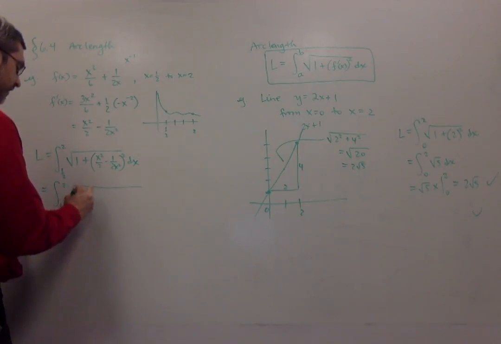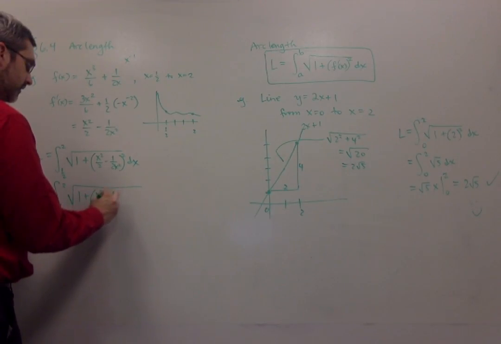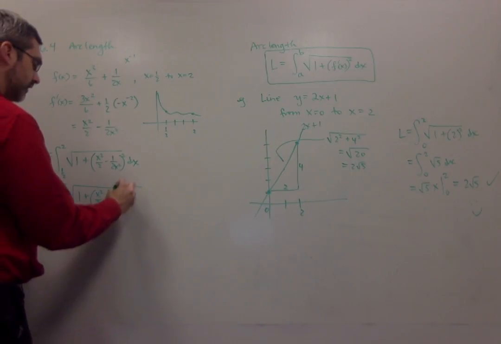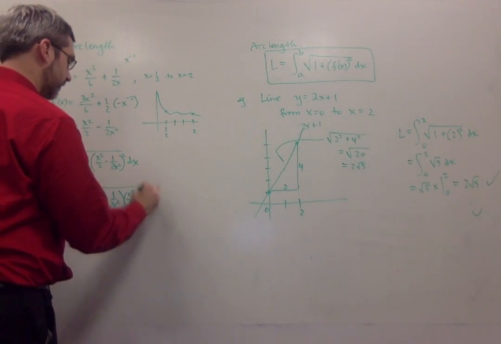Now if I square this out, let's write it out and then we'll FOIL. So x squared over 2 minus 1 over 2x squared, times x squared over 2 minus 1 over 2x squared.